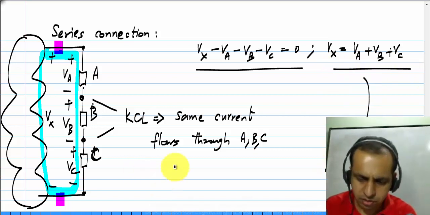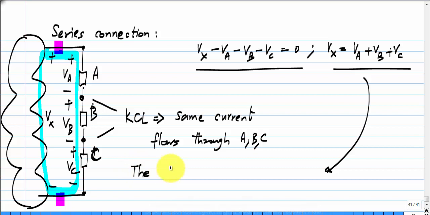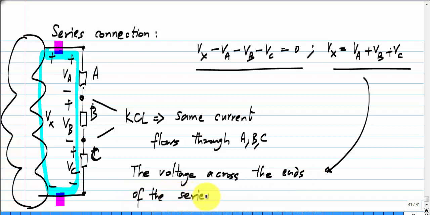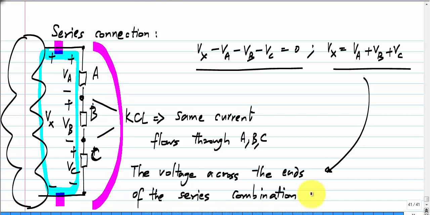Obviously, this means that the voltage across the ends of the series combination, by series combination I refer to this whole thing here, equals the sum of individual voltages.